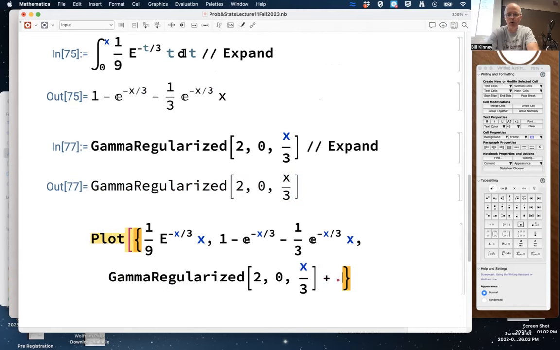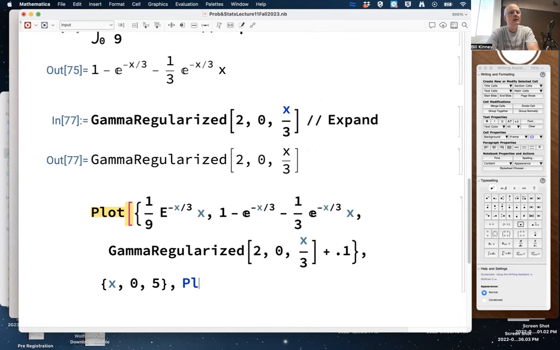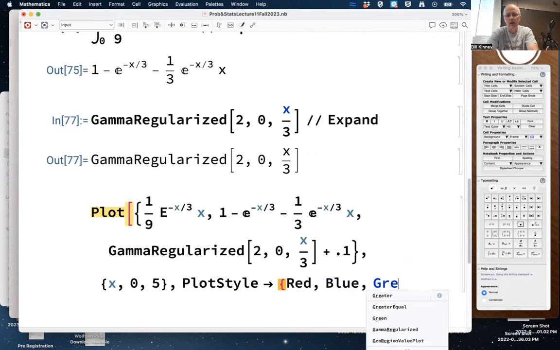And maybe I should add 0.1 to it so we see it's the same. So we see it's like a vertical shift to the other one. X going from 0 to, I don't know, 5. Let's make these colored plot style, red, blue, green, or actually I like doing magenta.